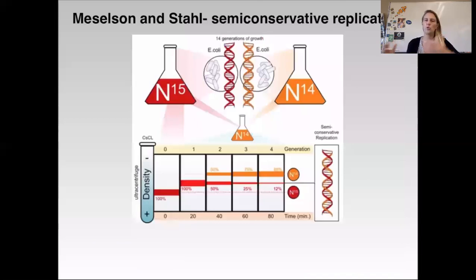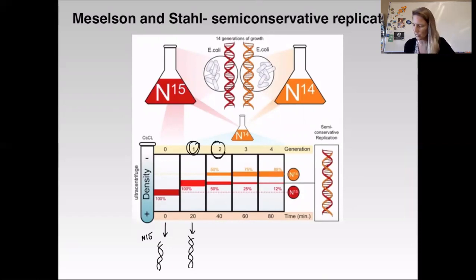But here I want to show you what the data actually can look like. All right. So here we're talking about generation number 1. In the first generation, all of it is N15, right? That's originally how it was grown. So that was at time 0. At generation 1 here, we can see obviously that we are only dealing with N15.